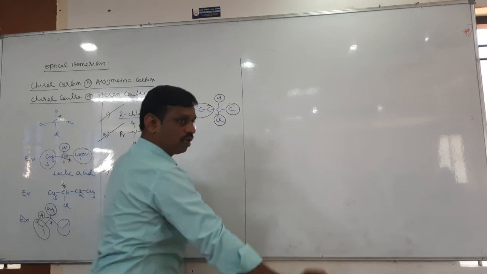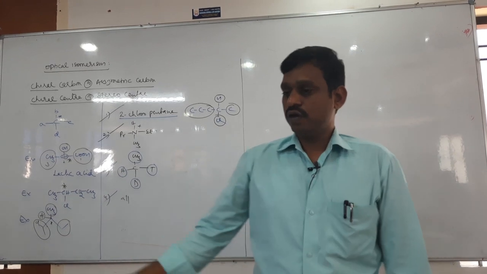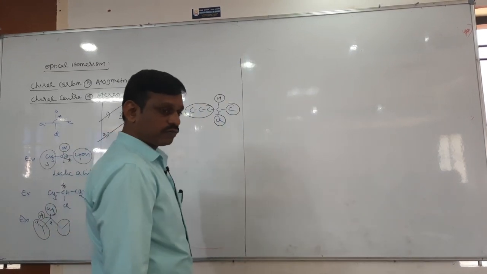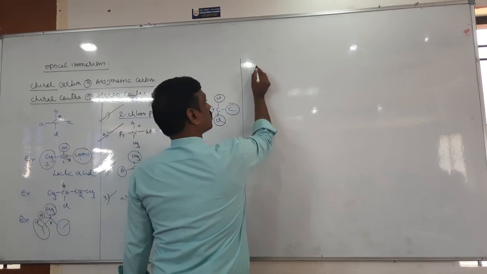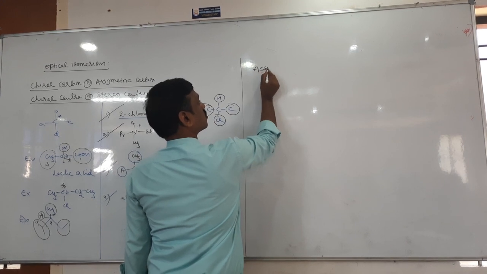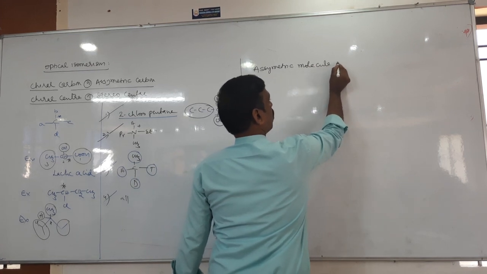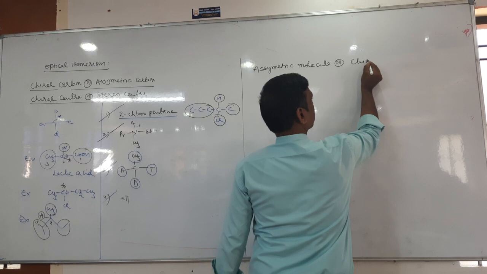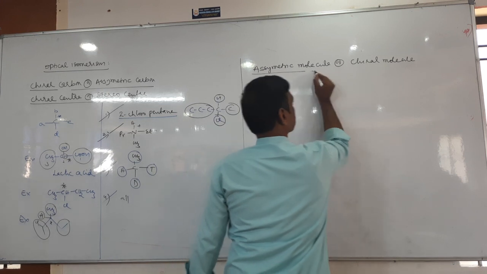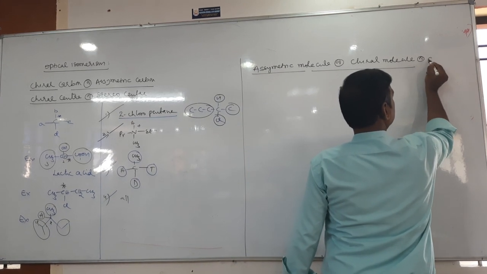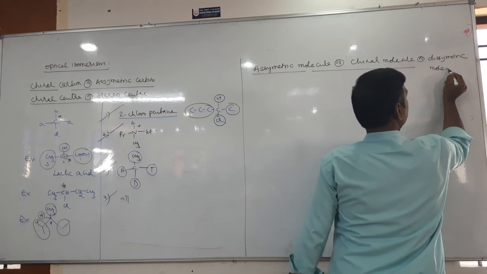Next is optically active compounds or not. Next, asymmetric molecule, or chiral molecule, or disymmetric molecule.